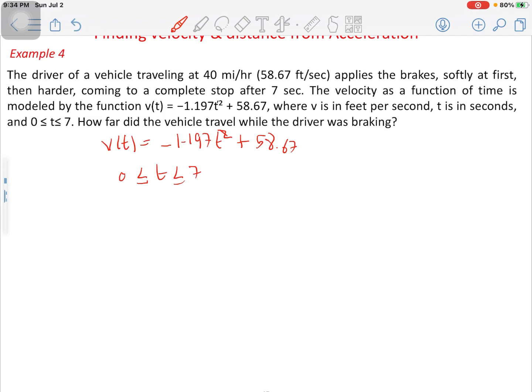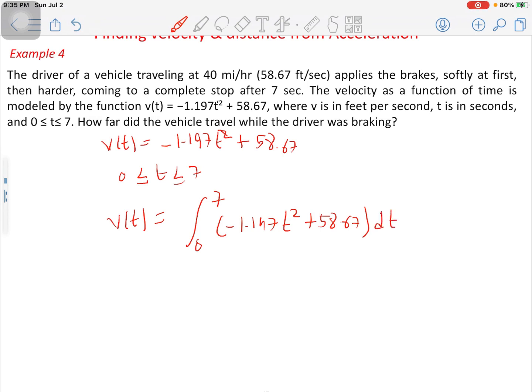So this is as simple as that. The distance traveled is given by the definite integral of v of t, the integral from 0 to 7 of the function negative 1.197 t squared plus 58.67.